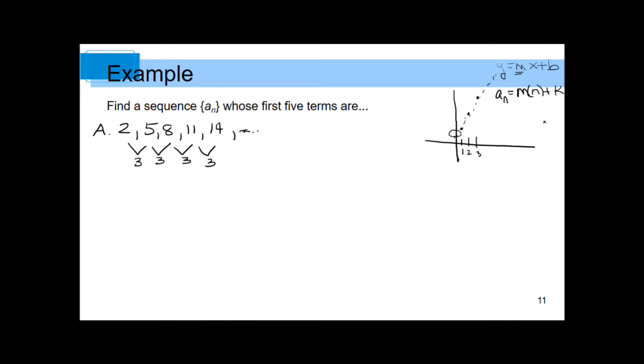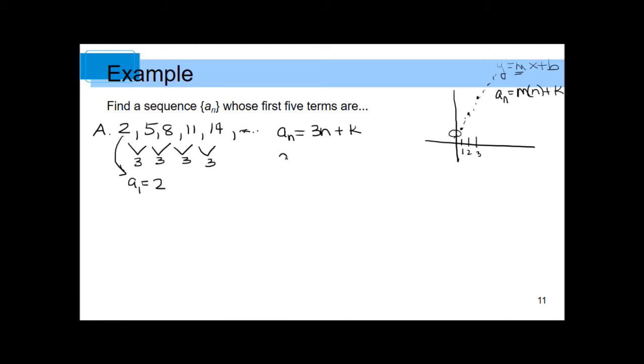Okay, so in this case, I know that a sub n has to look something like 3n plus some number k. So let's consider when n is 1. Remember, this 2 here is the first term in the sequence, so that means a sub 1 is equal to 2.